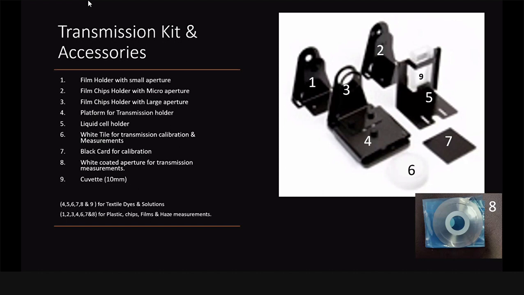And if we look at 4, 5, 6, 7, 8, and 9, those are for textile dyes and solution measurement. If we want to do textile dyes or solution measurement, those parts 4, 5, 6, 7, 8, 9 are actually enough for that kind of calibration and measurement. And if you want to do film or chip measurement, then we must have 1, 2, 3, 4, 5, 7, 8.